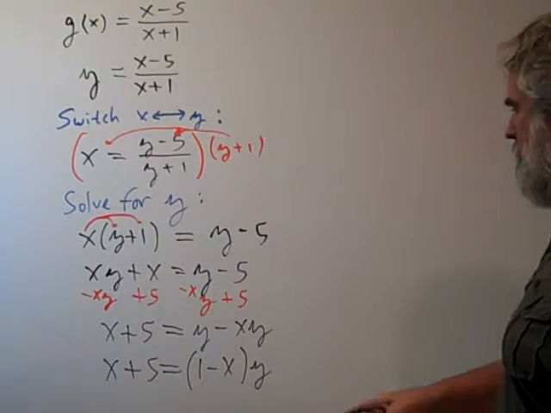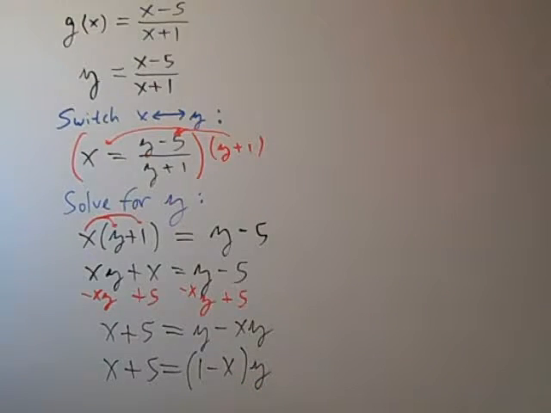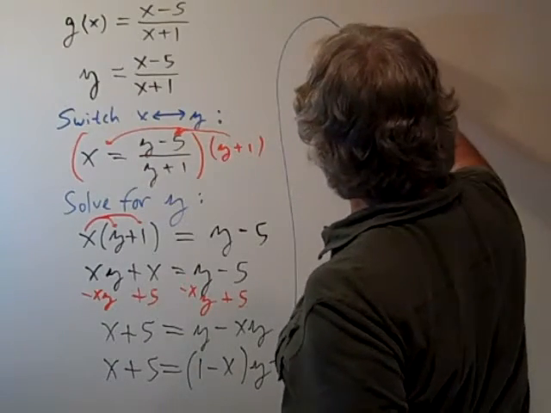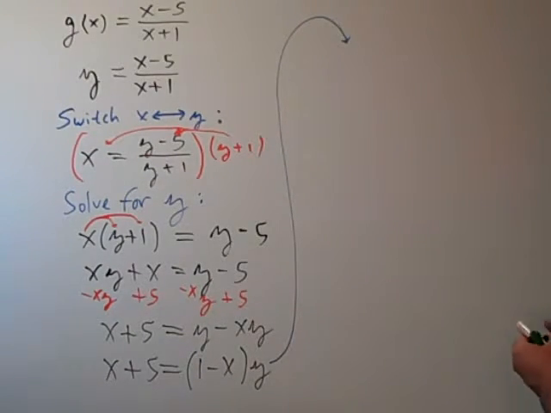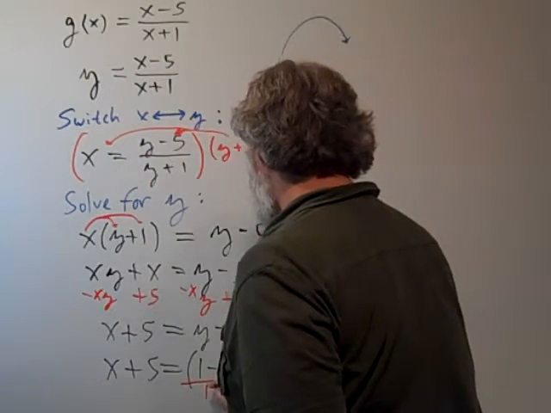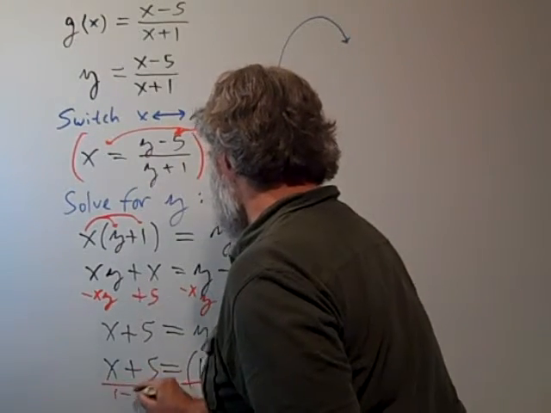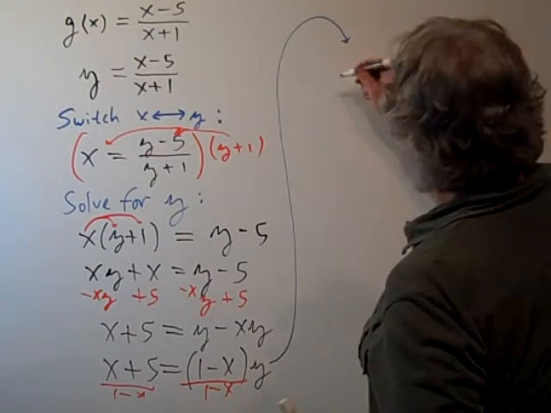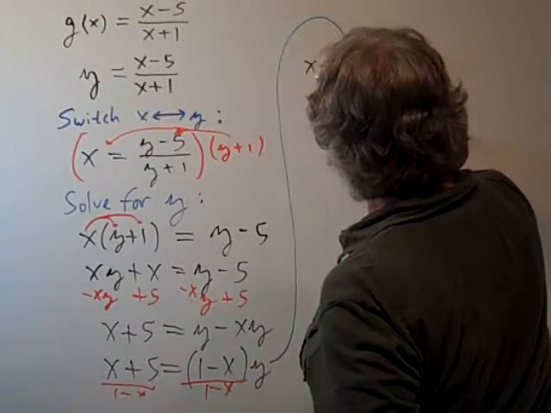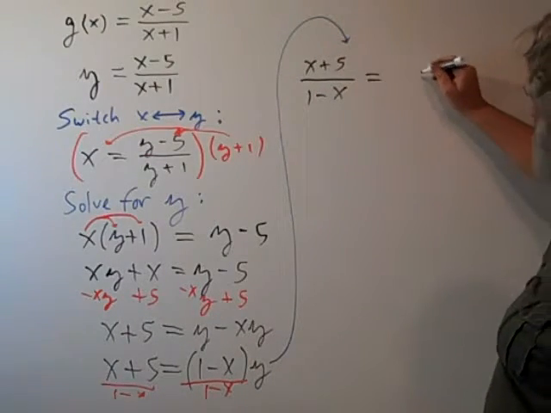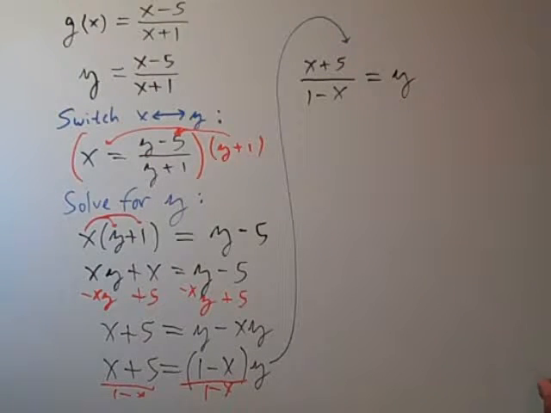Finally, if I divide both sides by 1 minus x, we will have solved for y. So dividing both sides by 1 minus x, we get (x plus 5) divided by (1 minus x) is equal to y.